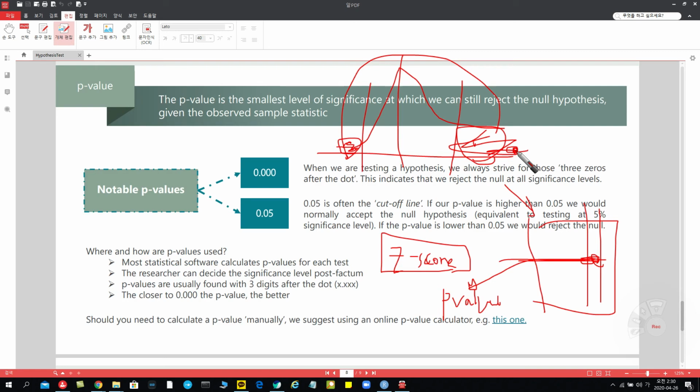However, the p-value means the smallest level of significance, so it should be in the rejection region. So definitely it is the smallest significance. Look at this, I will magnify this part here.